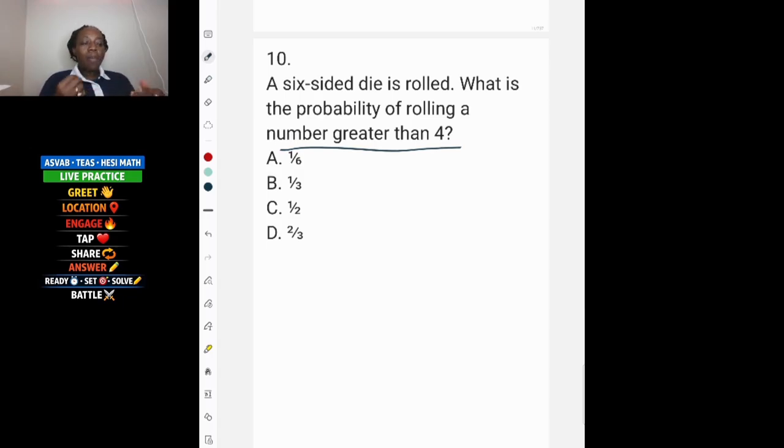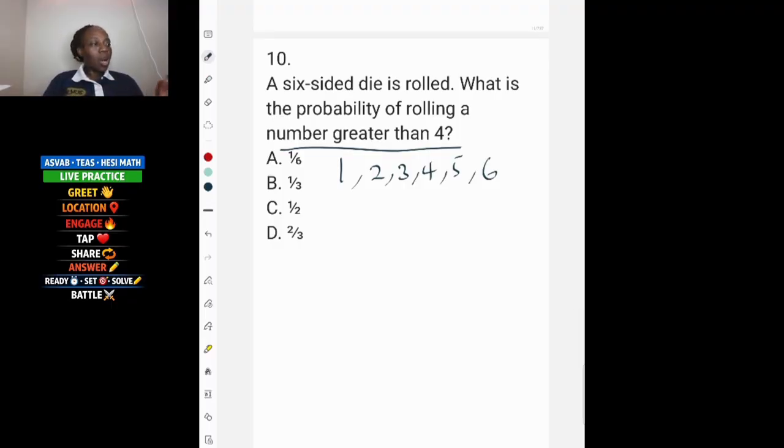How many numbers can we see when we roll a die? We will see 6 numbers. Let me write it: 1, 2, 3, 4, 5, and 6. Those are the numbers, and when you roll a die, you will see any of these.